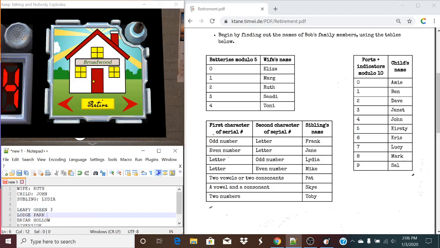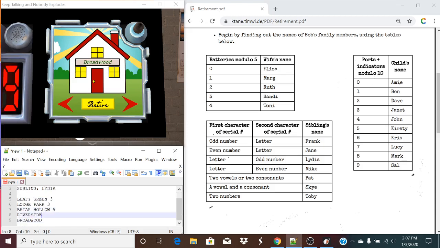For Lodge Park, 1 R, no uniforms, no tangos, no hotels. Okay. Briar Hollow, there are 2 R's, so that becomes 6. There's no uniforms, there is no tangos. There is a hotel, however, so that becomes 9. And that's a pretty good lead, so I'm going to assume it's going to be Briar Hollow again.